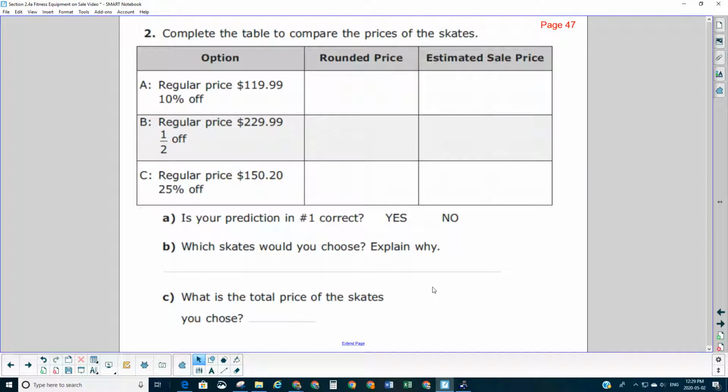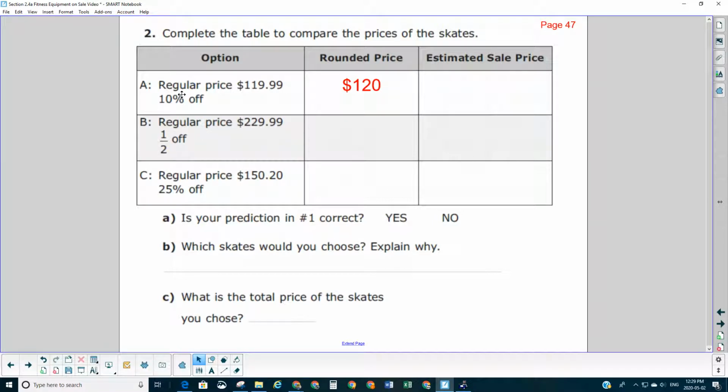So this table helps us with the calculations to be able to compare those 3 deals and see which is the best price. So our first case, we have $119.99. Well, if we're sitting in the store, we're not going to do the math on $119.99. We're going to round it. And rounding to 120 makes most sense. Now, with 10%, 10% is a really nice number.